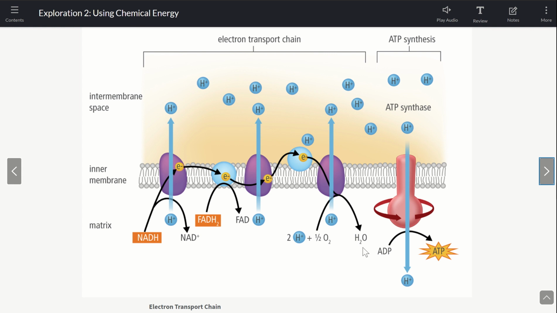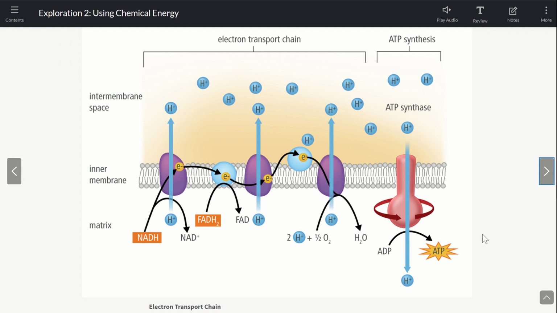Now, the fact that your cells also create water is hugely important because, as we talked about earlier, water has a high specific heat and can store a lot of energy without raising its temperature. So the fact that your cells are able to create water in the midst of this process that also creates energy is what keeps them from overheating.